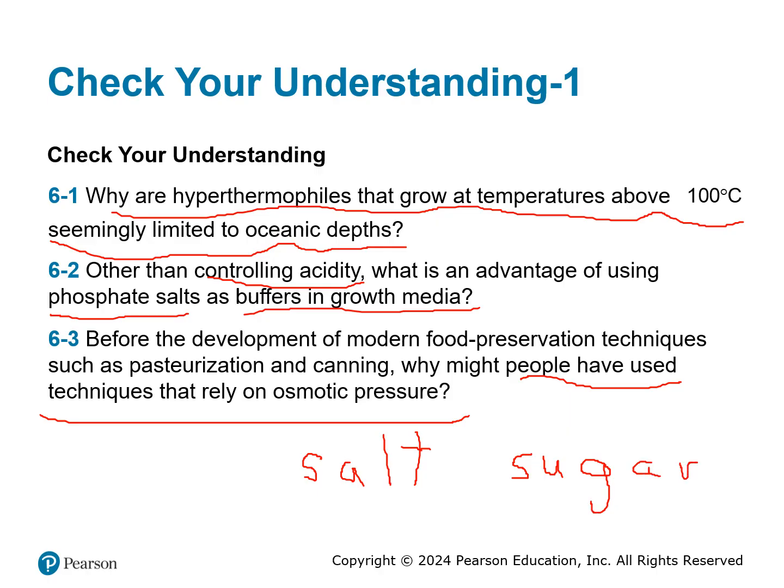So think about foods. What foods do we preserve with salt? Jerky. One way to preserve meat is to smoke it, get it dried out, and then put salt on it. Okay, what about sugar? What about jam and jelly? That is a way to preserve fruit. You put a bunch of sugar on it, and the sugar will suck out the moisture.